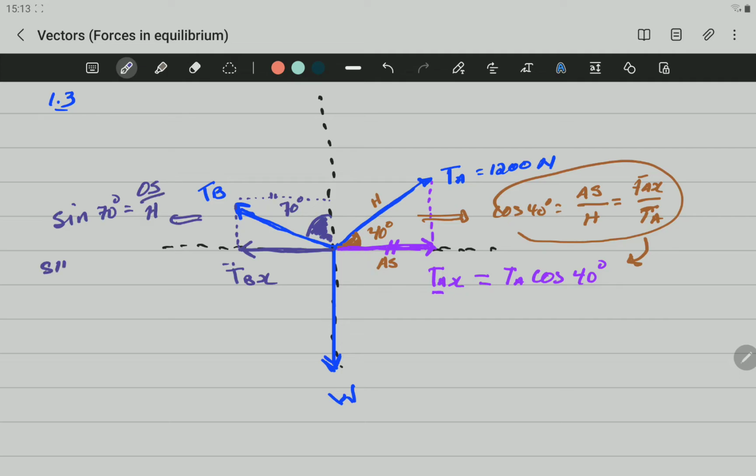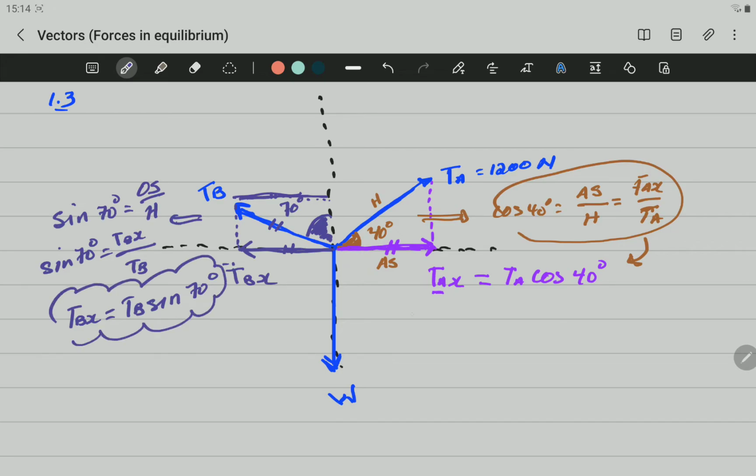So sine 70 degrees is equal to opposite. Which one is opposite? This one here is opposite to 70, and that side is equal to this side. So in actual fact, it is TB in x divided by the hypotenuse, which is TB. So from here, TB in x is equal to TB multiplied by sine 70 degrees. This is more mathematics than physics.